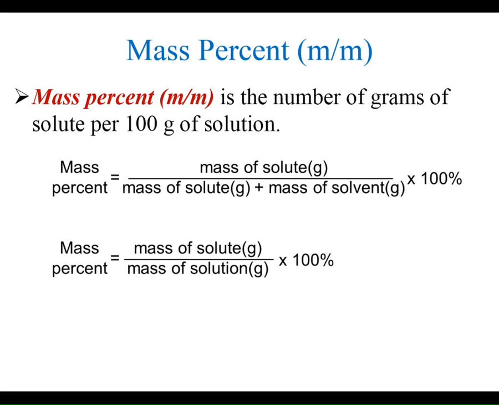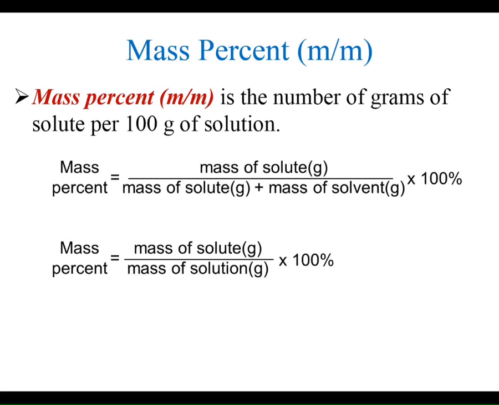You've all seen percentages before in this class and other classes. Percentage of girls in this room, percentage of quarters in your pocket, whatever it is, it's just the part you're interested in divided by the whole, times 100. The part over the whole times 100.